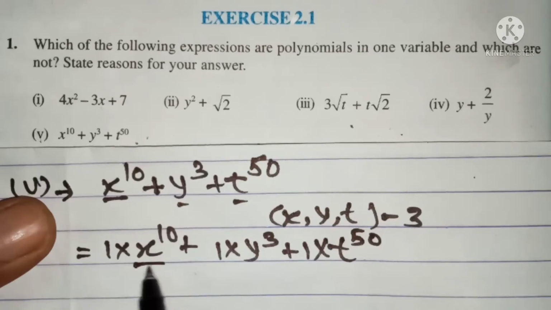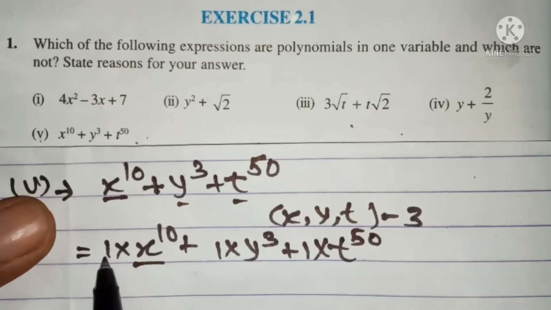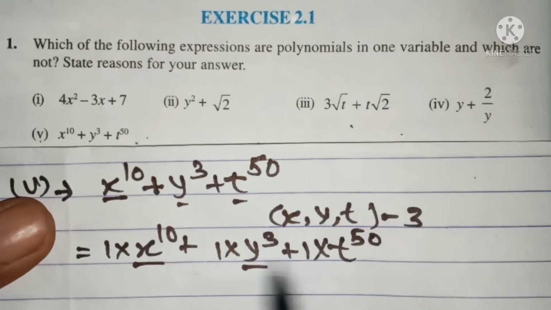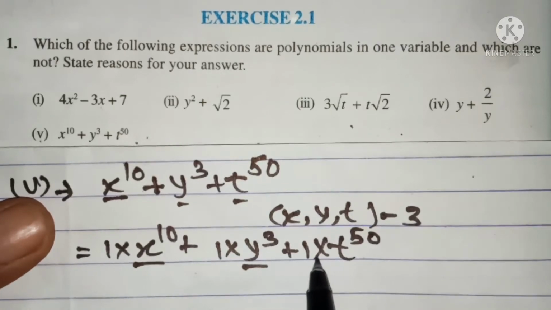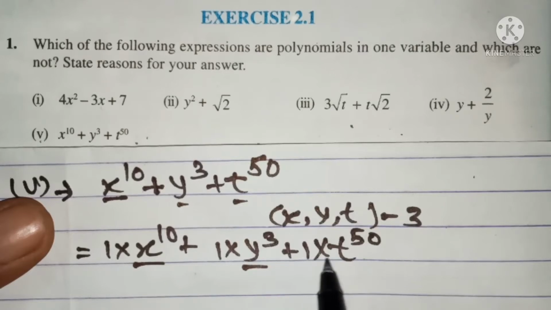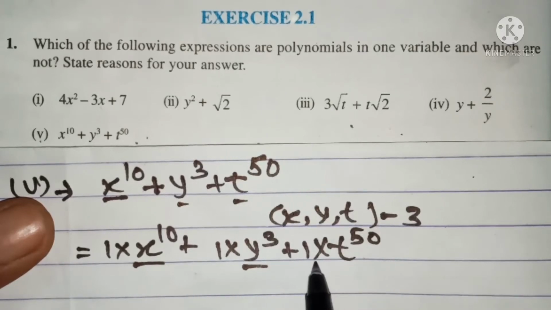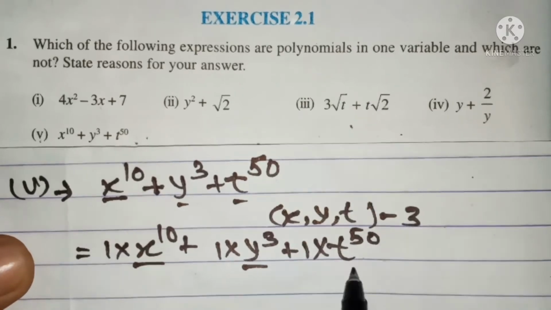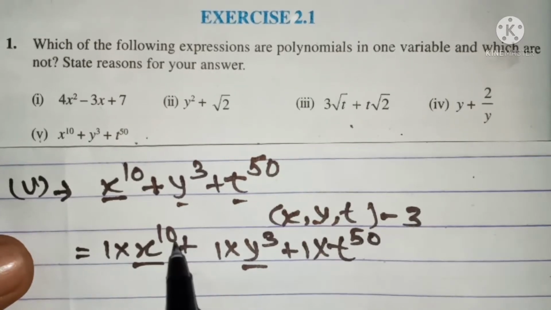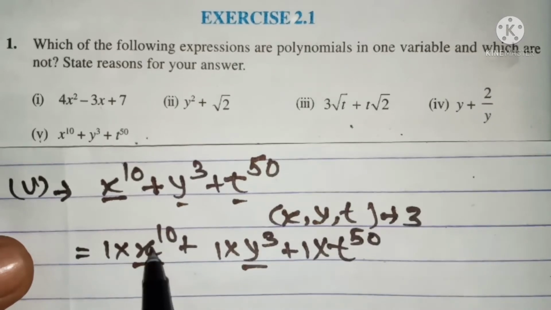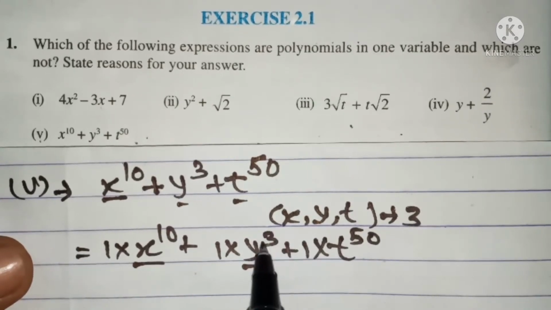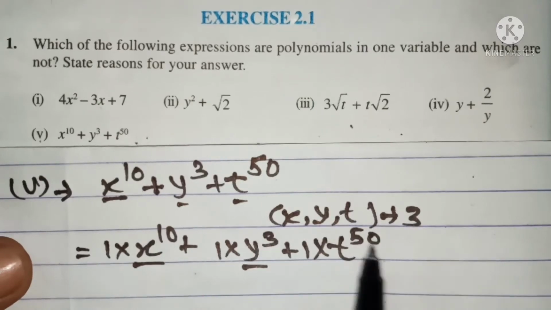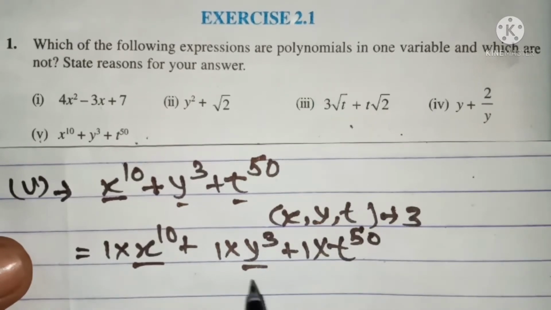So the coefficient of x to the power 10 is 1, the coefficient of y to the power 3 is 1, the coefficient of t to the power 50 is 1. Coefficients are real numbers. There are three variables and the exponents have plus sign. Here it is plus 10, plus 3 and plus 50, which are whole numbers.